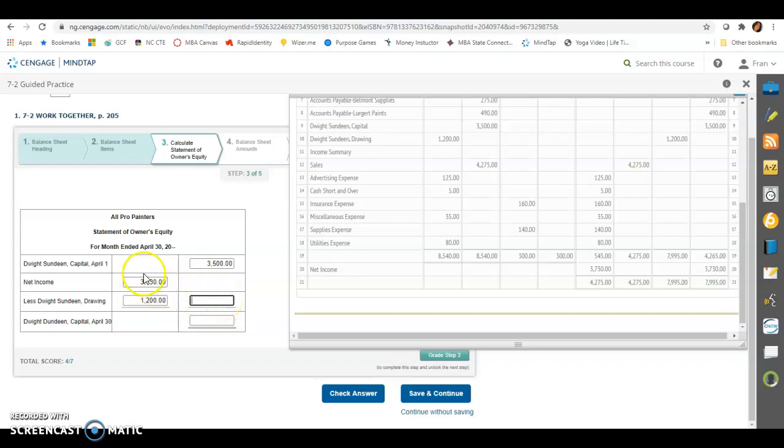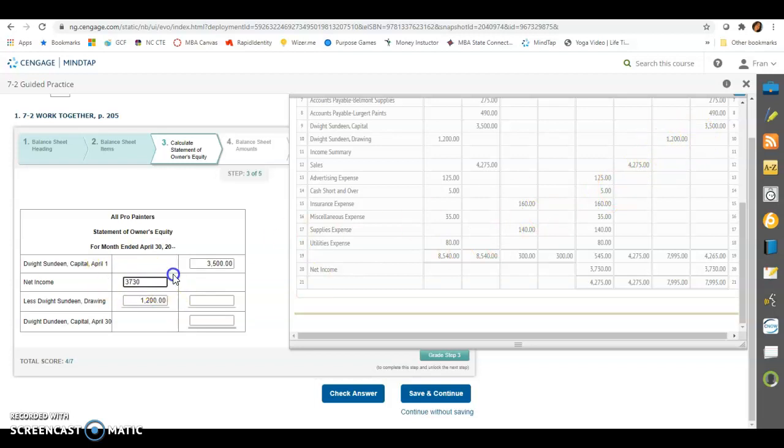So what we have to do is look at the two things that we've got here. The net income, as we know, is going to be a positive towards owner's capital. So that will be added to the $3,500. The drawing is a negative towards owner's equity.